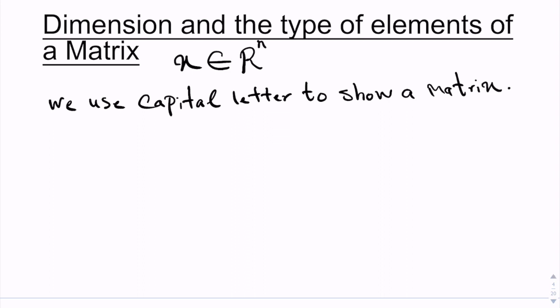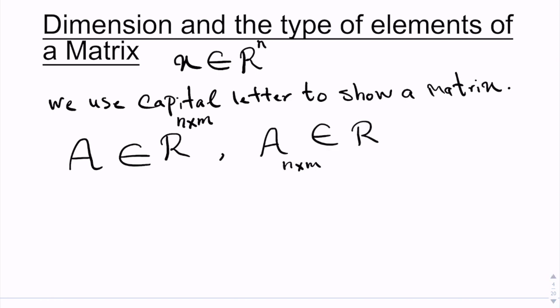And if I want to show the dimension of a matrix, then I can say, let's say, A is a matrix that belongs to R, if the elements of this matrix are real numbers, and if this matrix has n rows and m columns, I put n times m here as a superscript. Another way of showing this, we can say A is a matrix of dimension n times m, that is, A belongs to R^(n times m). So they both are equivalent.